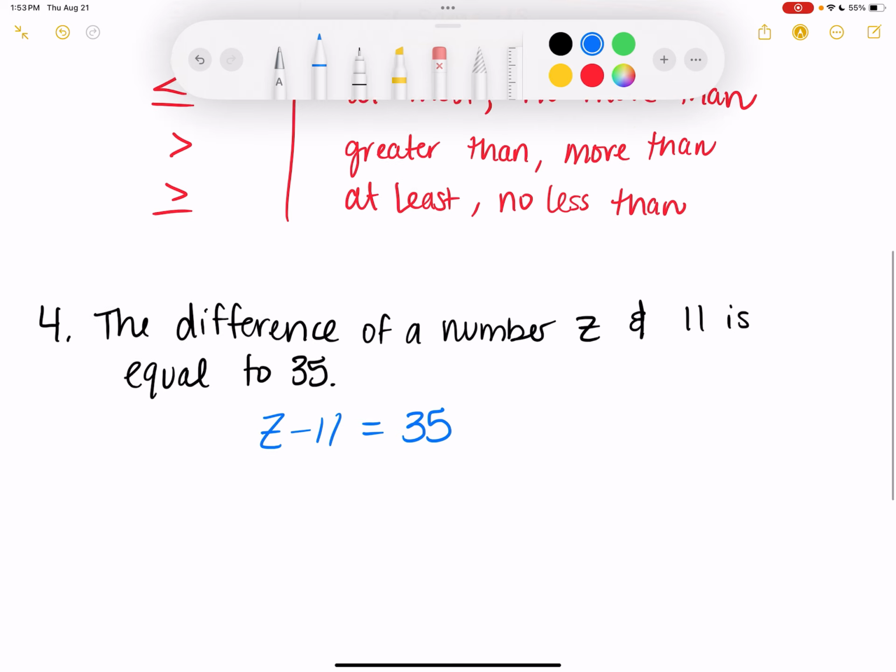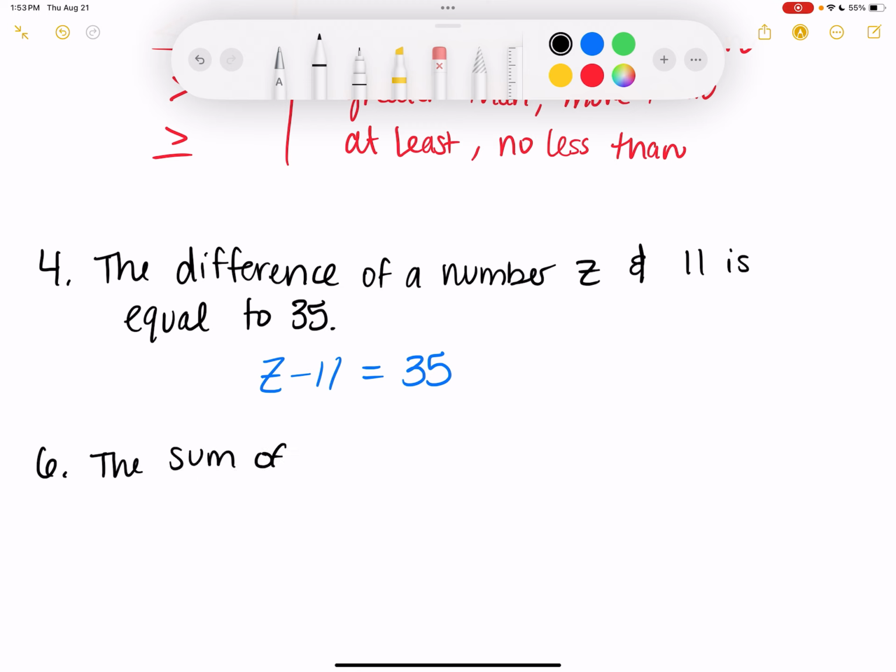Yeah. 6. The sum of 12 and the quantity 8 times a number k is equal to 48.